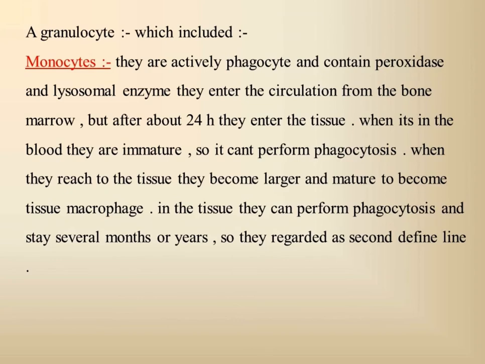Now, in the blood we call it the monocyte, while in the tissue we call it the macrophage. In the tissue it can perform phagocytosis and stay several months or years.